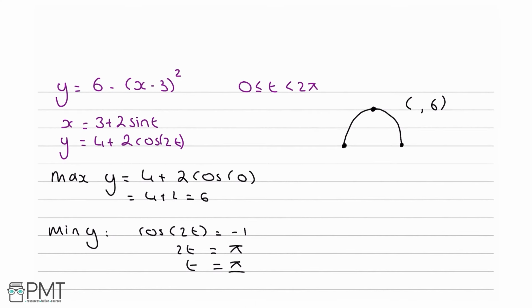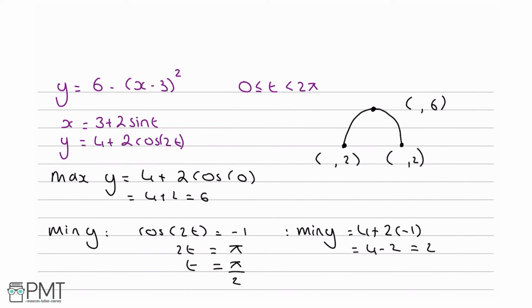By extension, we can say min y is 4 plus 2 times minus 1, which is 4 minus 2, which equals 2. So we know both of our endpoints are going to be something, comma, 2. Now, let's look for our x points.